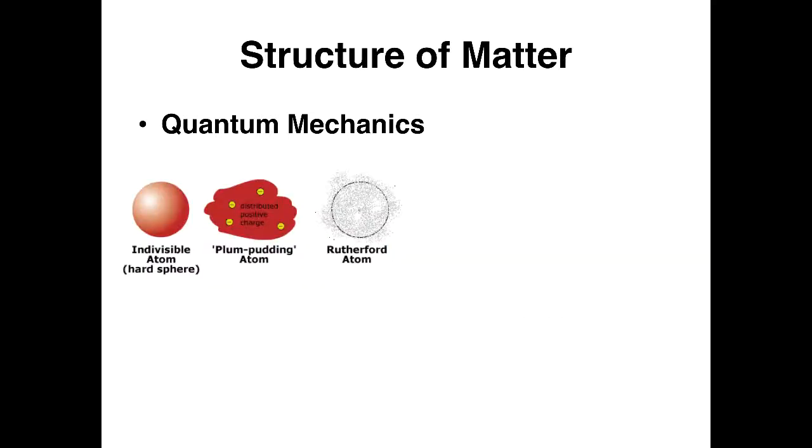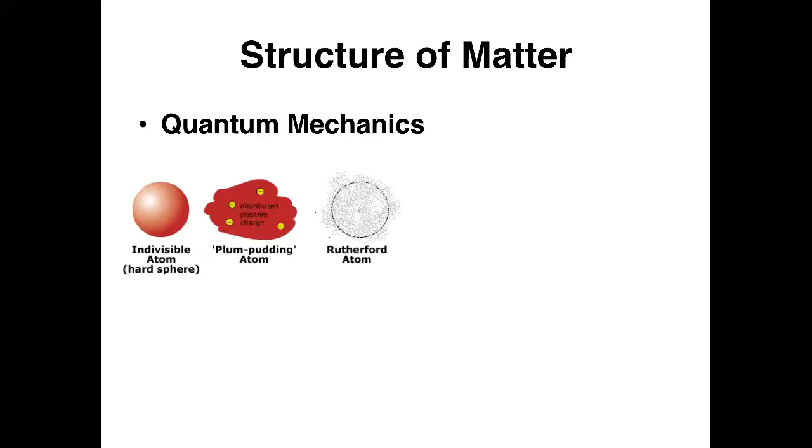So when you look at the various models that have been proposed, on the left here is the original Greek model, in which the atom was considered indivisible and a hard sphere. In the middle is what's known as the plum pudding model, which was proposed by Dr. Thomson in the 1800s.